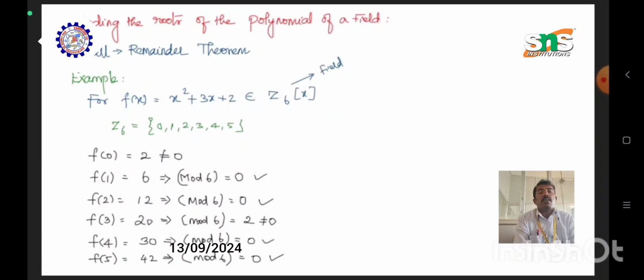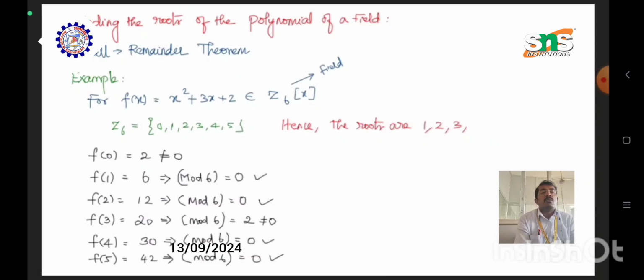So you collect all the values for which the answer is 0. Those values which give the result 0 are the roots of the polynomial. So from the set of all elements, the elements that can be considered as roots are 1, 2, 4, 5.